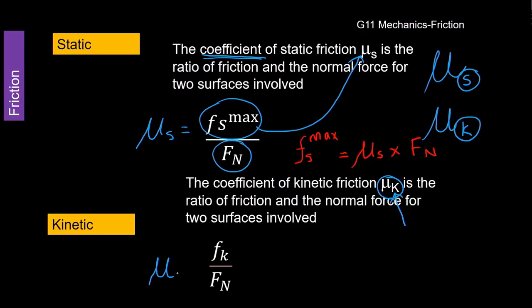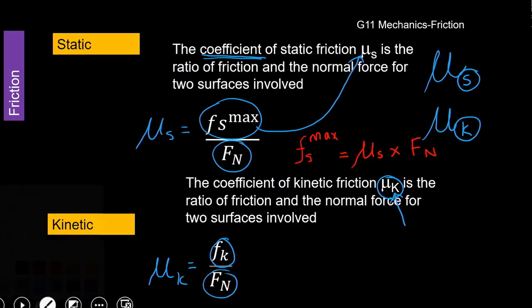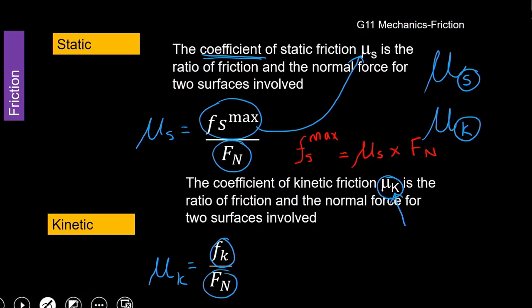So mu k, or the coefficient of kinetic friction, is kinetic friction divided by the normal force. How can we write that in an equation that we can use without fractions? We're going to say kinetic friction equals the coefficient of kinetic friction times the normal force.